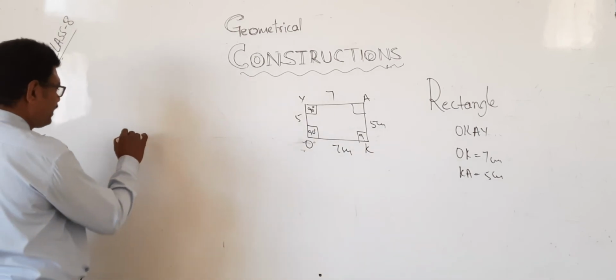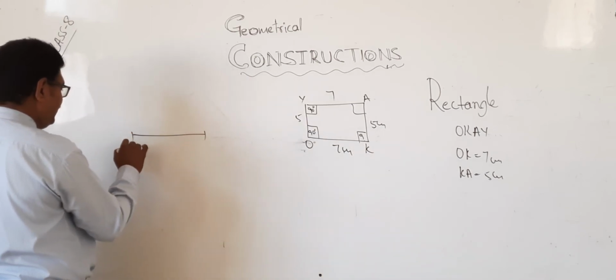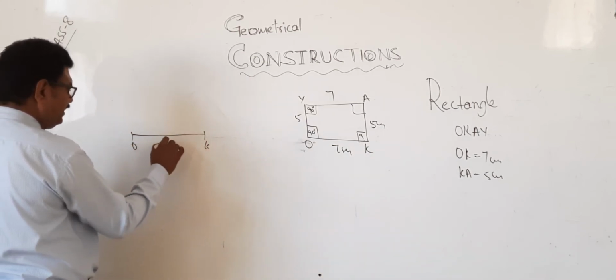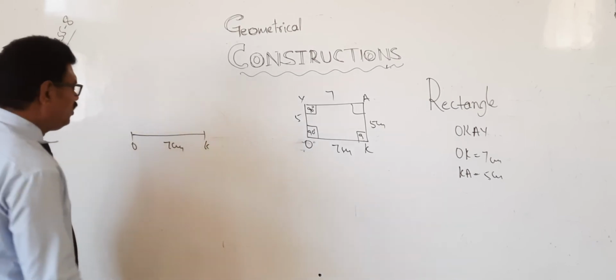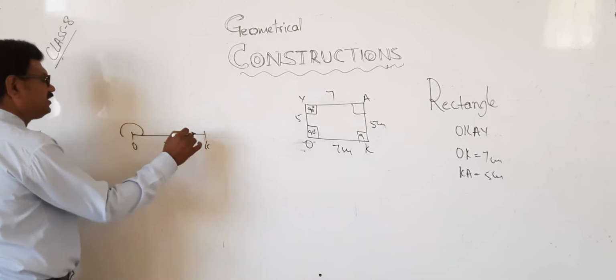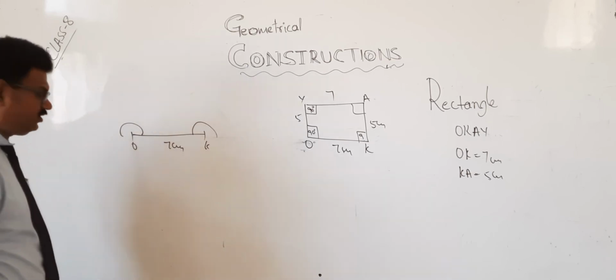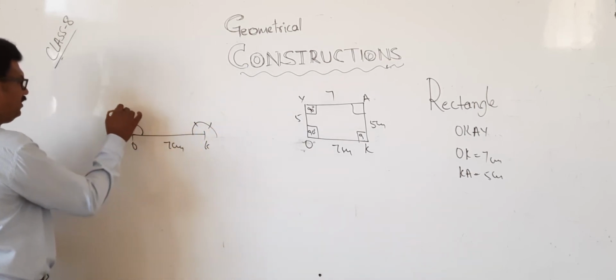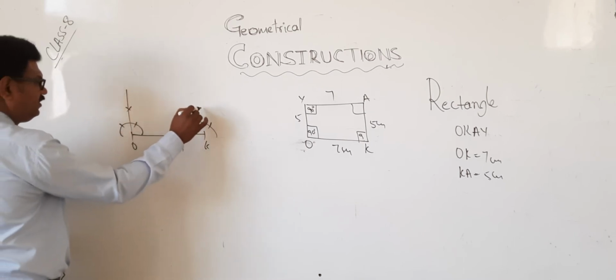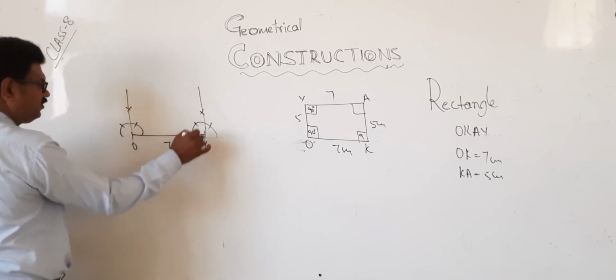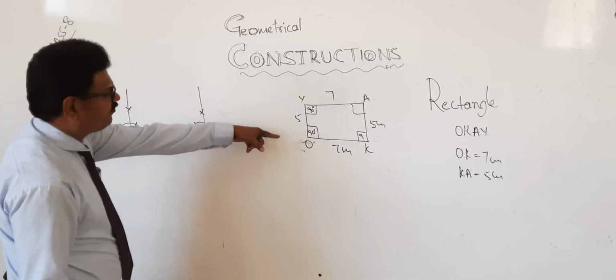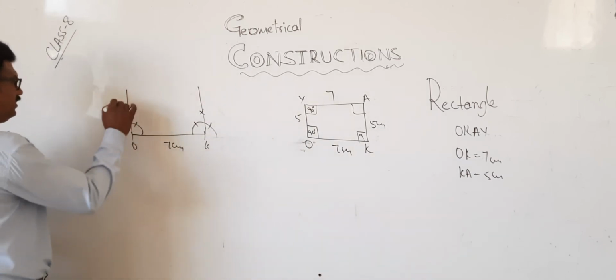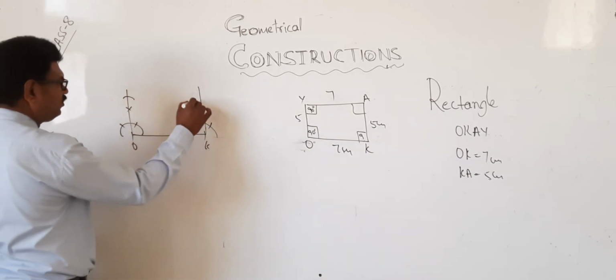Now take OK. How many centimeters? 7 centimeters. Now construct 90 degrees on the both sides. Now cut it. Again cut it. Yes, like this. Okay na? Now how many centimeters from O to Y? It is 5. Here also 5.